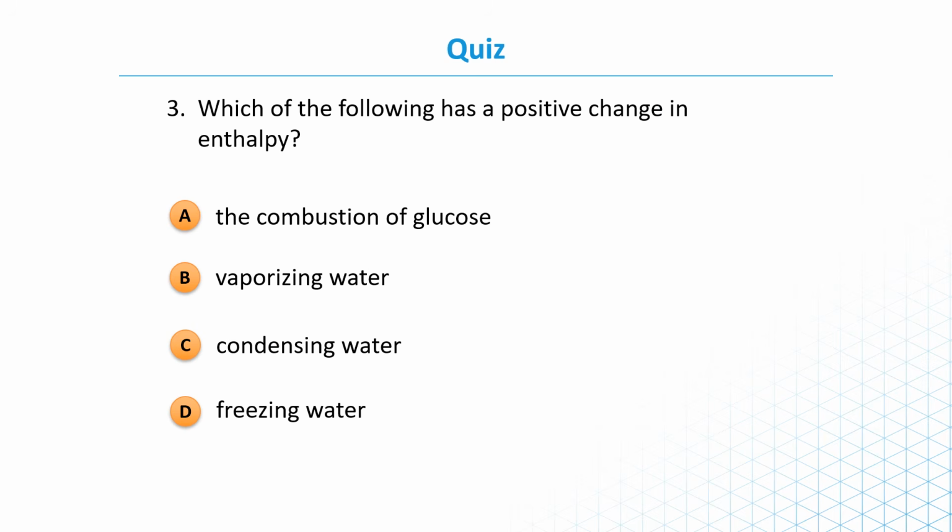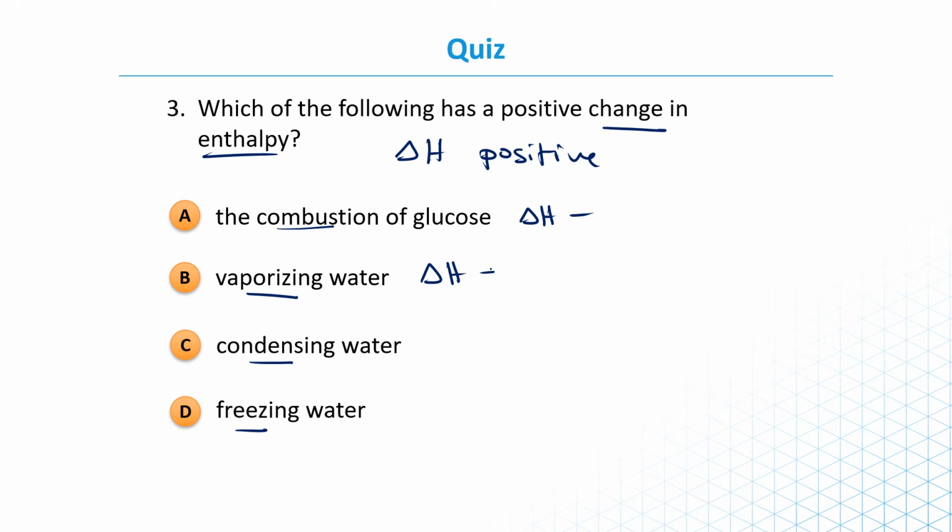Which of the following has a positive change in enthalpy? So which one has delta H positive? Is it combustion, vaporization, condensing, or freezing? Combustion, we know that delta H is negative because it releases heat. Vaporization, we know that delta H is positive, in table 4 if you remember.